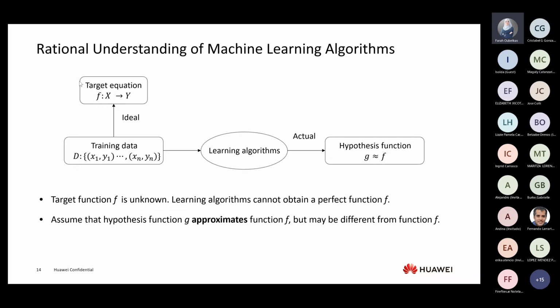So the objective of a machine learning algorithm is to approximate a function called g, because we cannot have a perfect function f. We want to do an approximation of the function f and have a result that is ideal. This is the basics of how machine learning algorithms work.